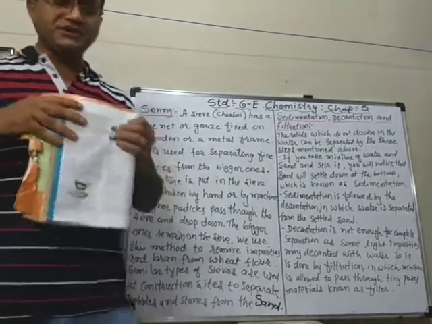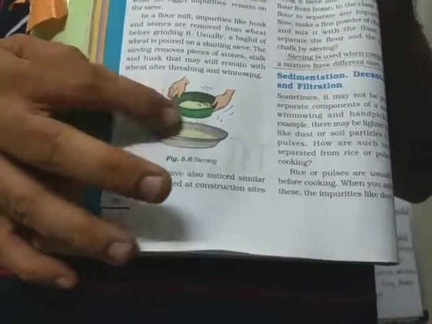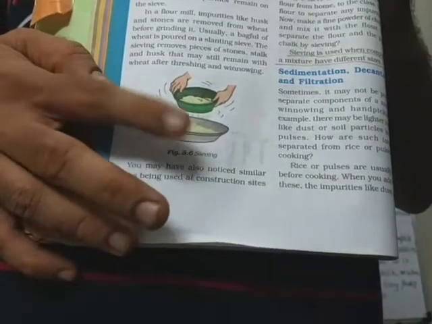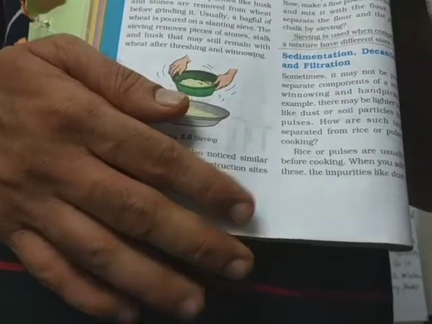You can see in the picture first here, the sieve that we use at home to separate impurities like bran or some other bigger particles from the wheat flour or other flour also.